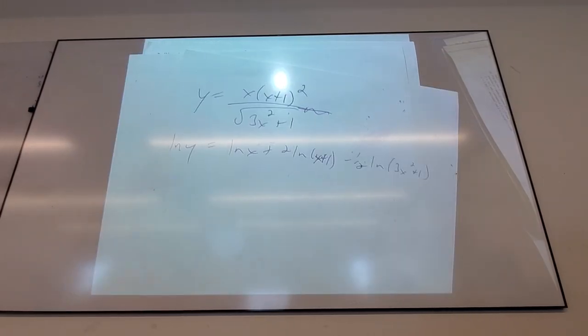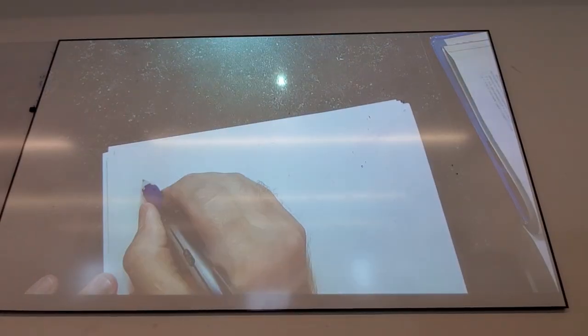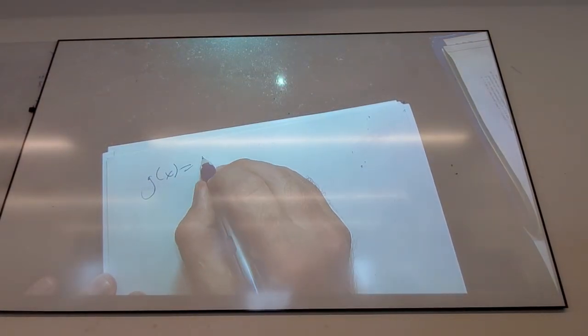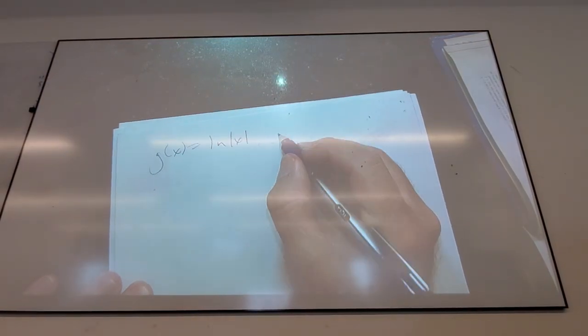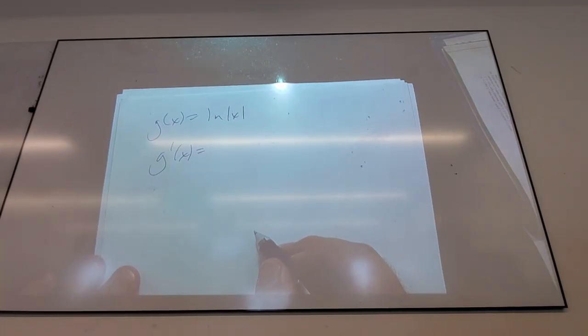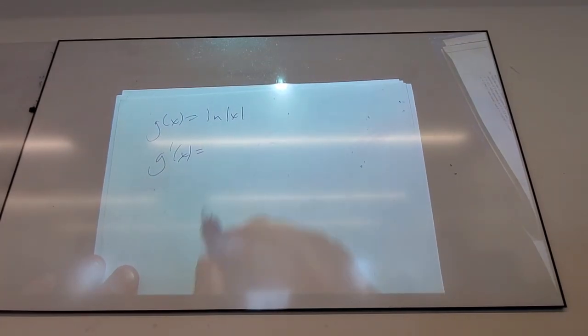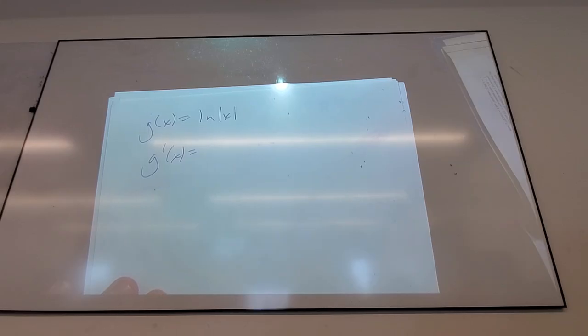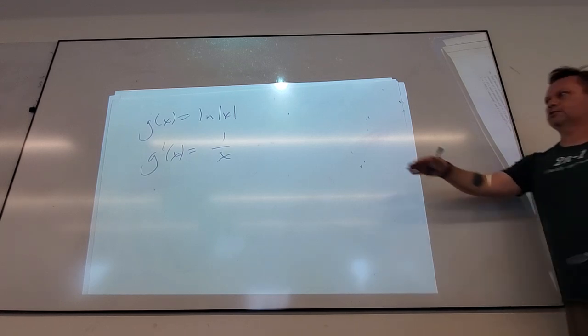While I'm thinking about it, I just realized something I never really told you guys. Remind me, what's the derivative of ln of absolute value of x? What's the derivative of ln of x? 1 over x. So the derivative of ln of absolute value of x is 1 over x. Remember I told you the fuller story to match the domains?